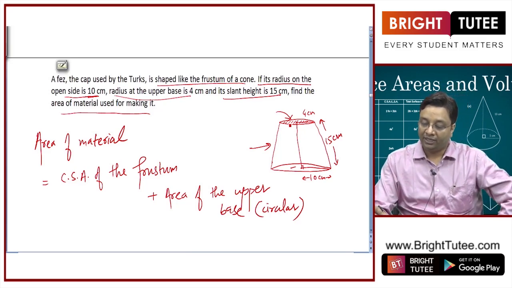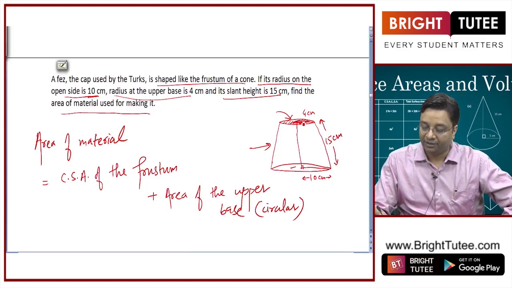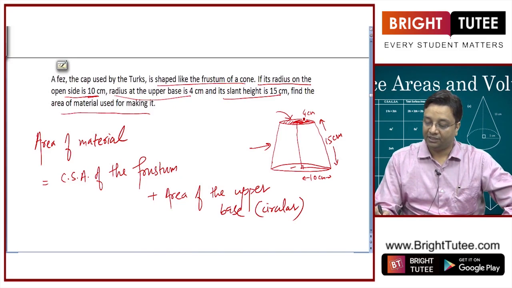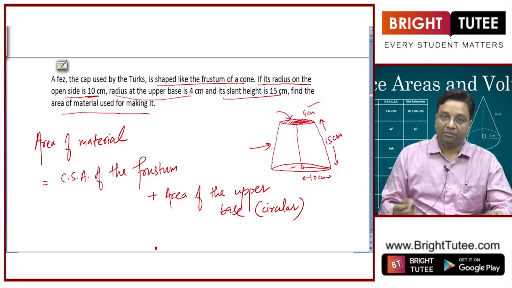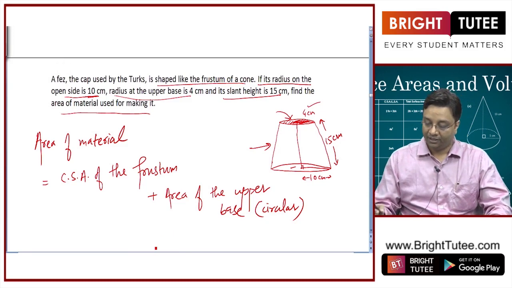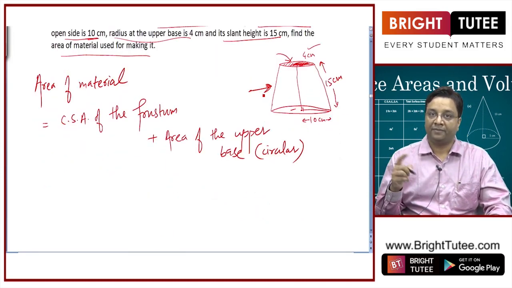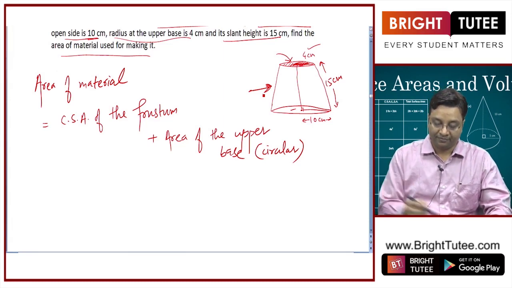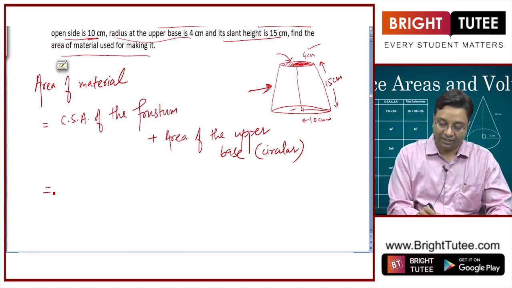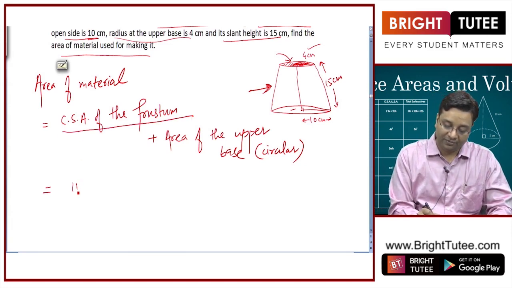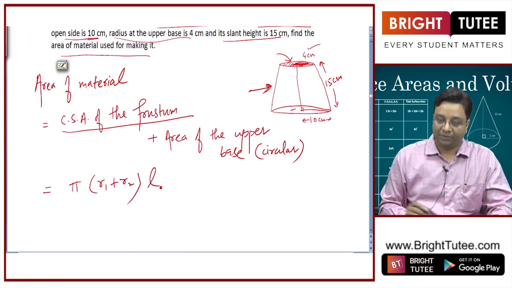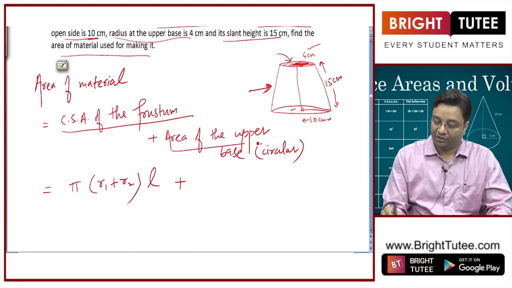To calculate area of this upper base, we just need the radius which is equal to 4 centimeter. So it will be equal to pi 4 square. To calculate the curved surface area of this frustum part, pi (r1 plus r2) into L, this slant height. So we have got all the dimensions that we need. Curved surface area of the frustum, let me write the formula just for you to memorize it, plus area of the upper base.